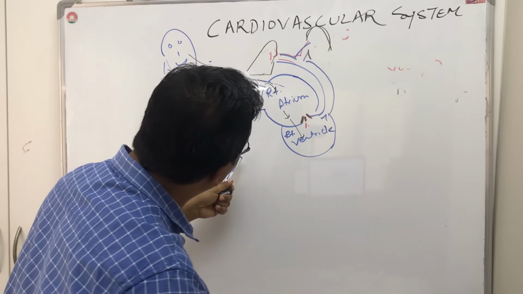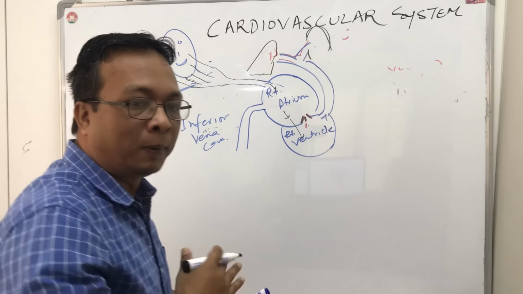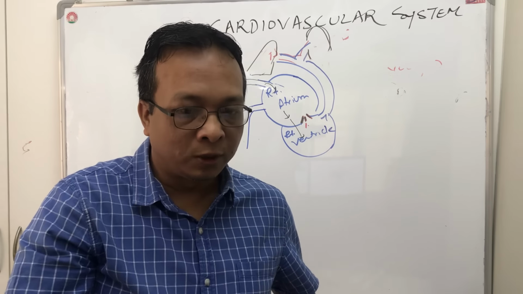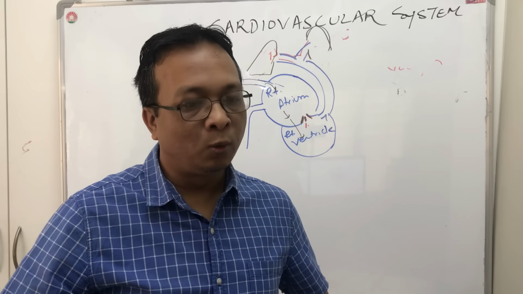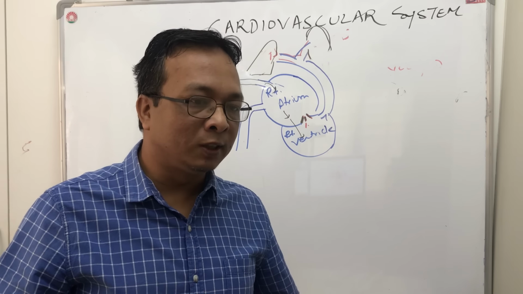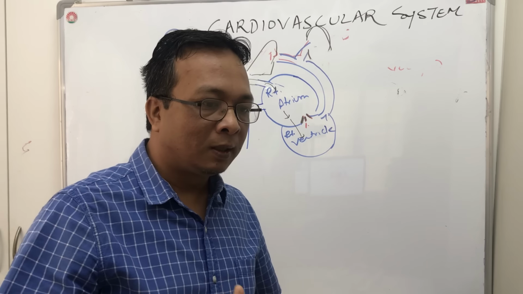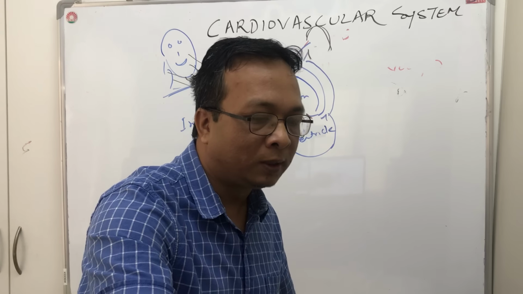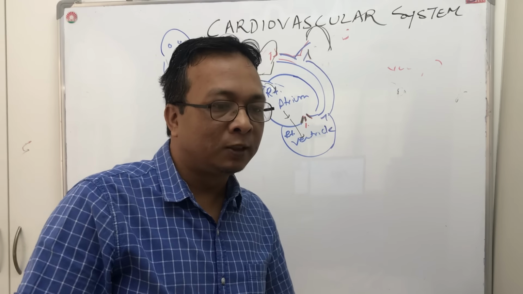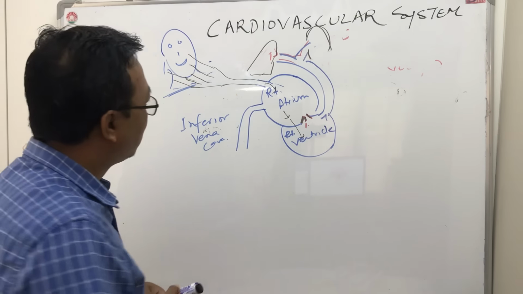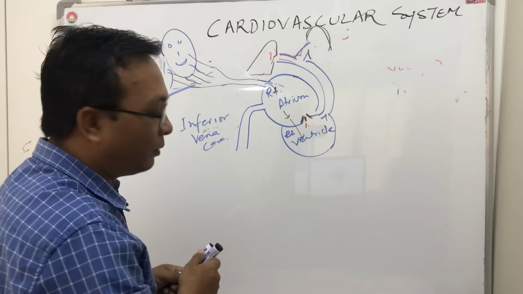The inferior vena cava collects the blood from the lower part of the body, whatever deoxygenated blood it is carrying, this blue part. You can see this bluish part on the screen. That is the venous blood. So that goes to the inferior vena cava.